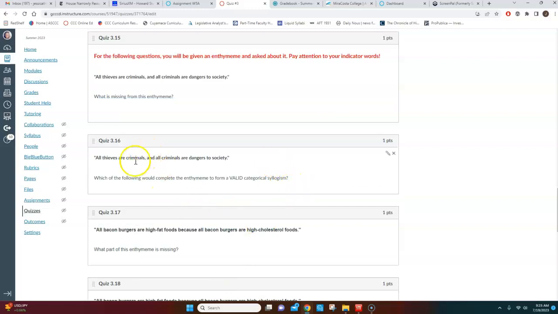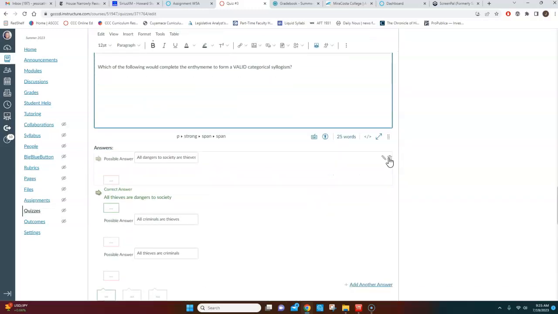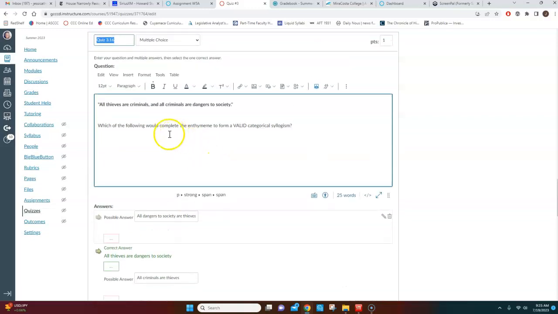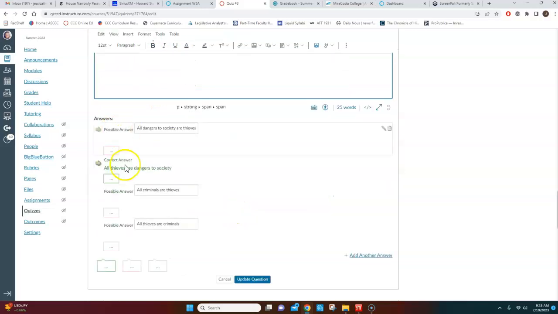And then which of the following would complete the enthymeme to form a valid categorical syllogism? Here's the answer: all thieves are dangers to society. When you're choosing the right answer, make sure that you're figuring out what the middle term is, and that you are ending up with a valid categorical syllogism.